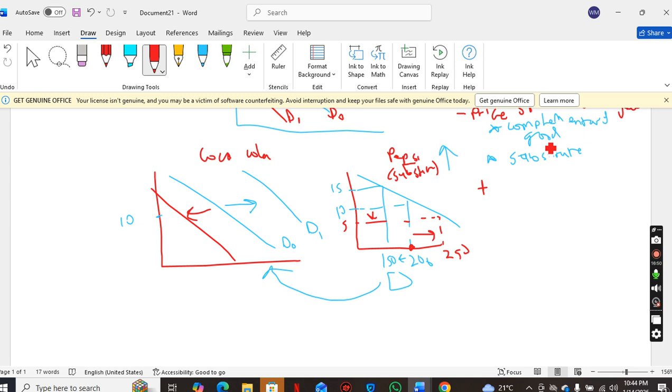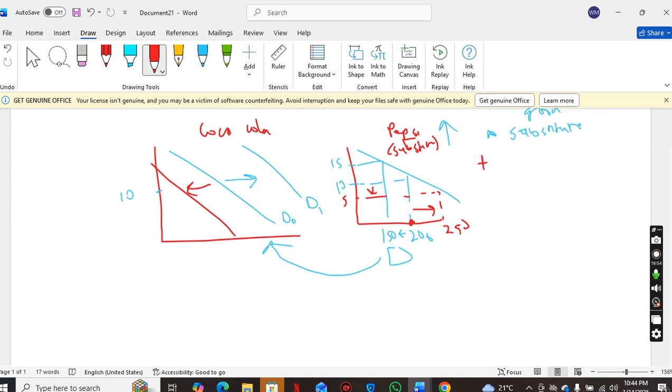Now let's look at complementary goods. Okay, a complementary good is a good that is used together with another good. Okay, the good that is used with another good. Okay, so here let me make an example of motor vehicles and petrol.